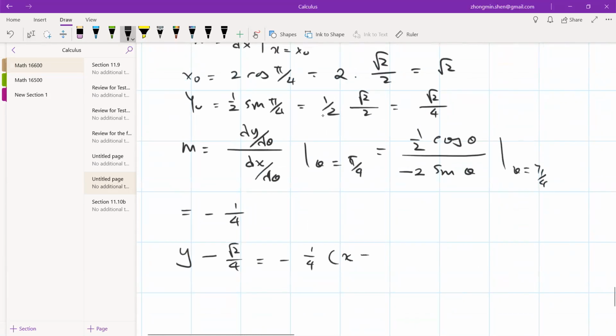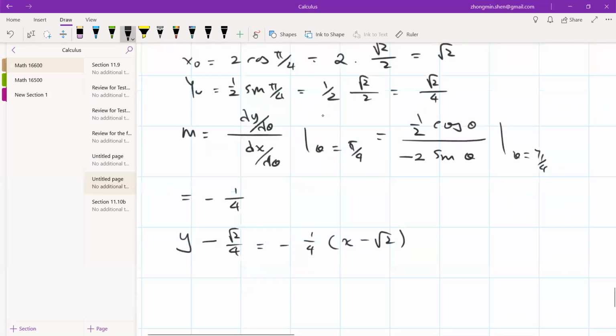This is not a problem on the test, but you will probably still cancel. No, you cannot cancel any terms. Yeah, that's it.